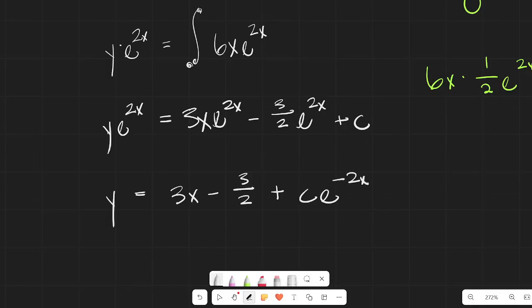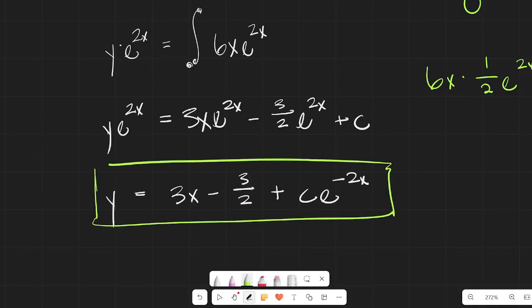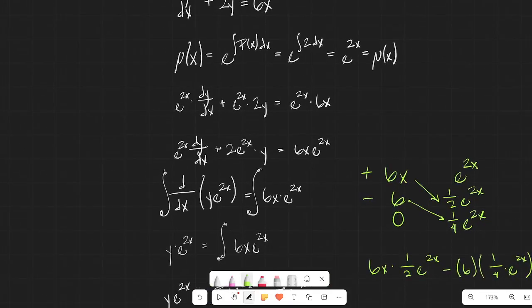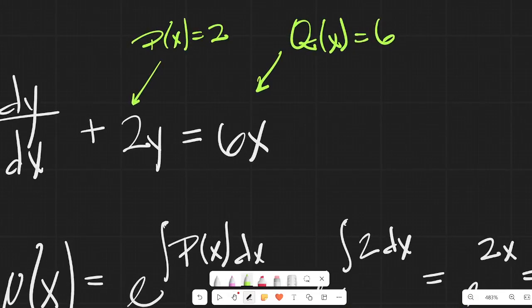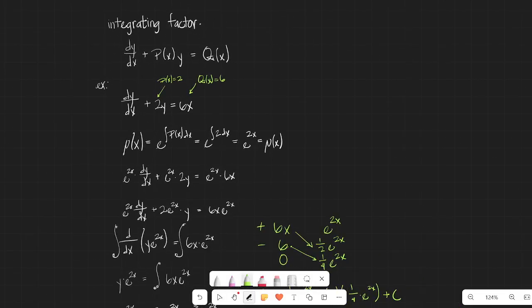That's the same as just dividing it by e to the positive 2x. It's just a nice touch, a way you can put your solution so that it looks nice. And so this is the function y that will solve this non-separable diff-EQ.